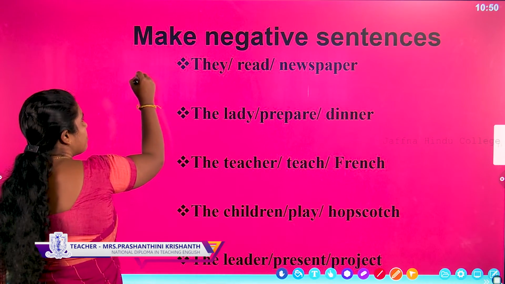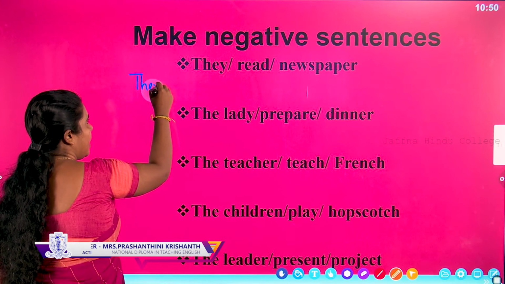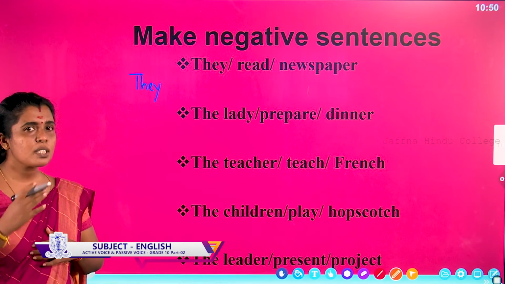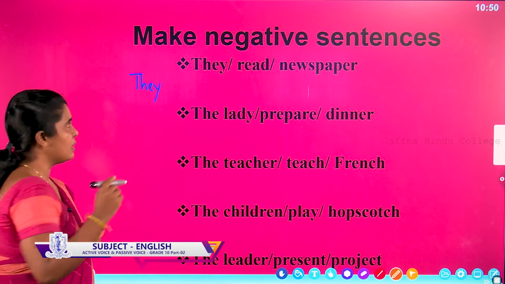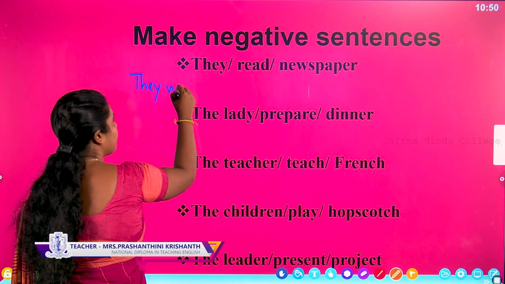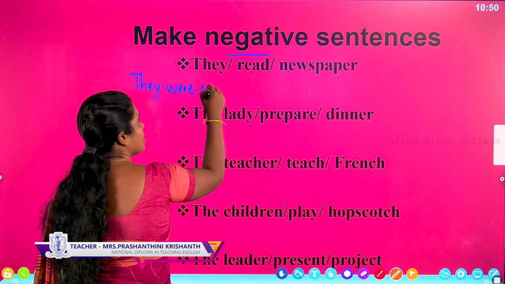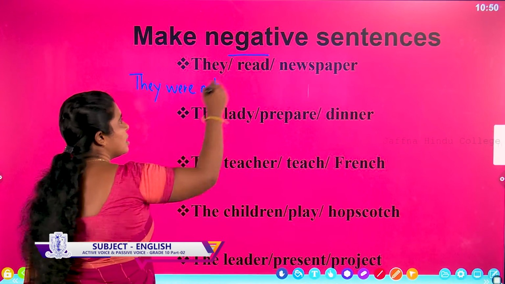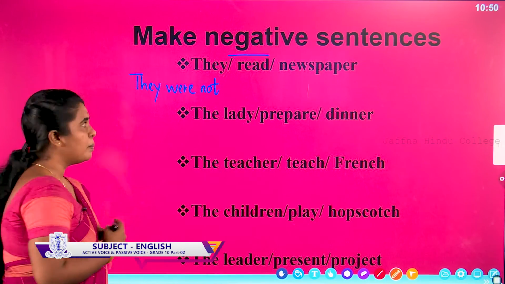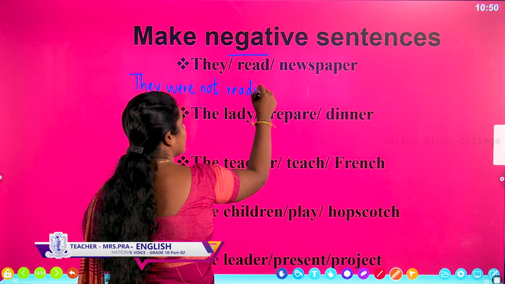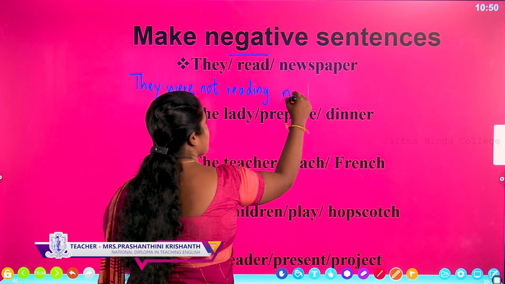So, the subject is here, they. What is the suitable helping verb? Was or were, right? They were, negative, so, not. They were not. Main verb read, ing, right? They were not reading newspaper.